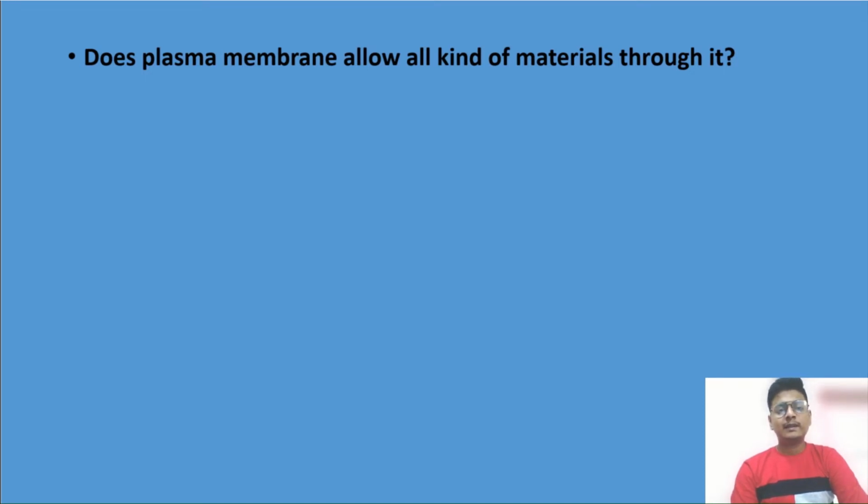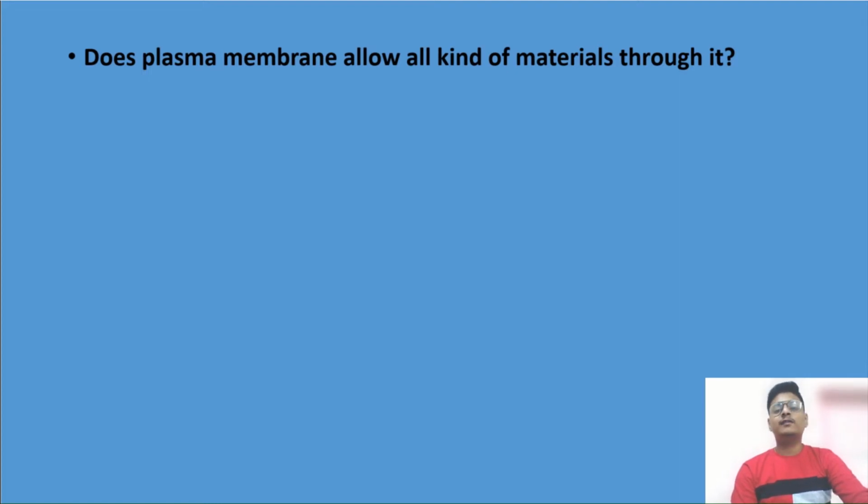So this plasma membrane doesn't allow all kinds of material through it, because we say the plasma membrane is semi permeable, so it allows only a few things. We can relate it to neighbors. We don't allow all the neighbors to come into our house.